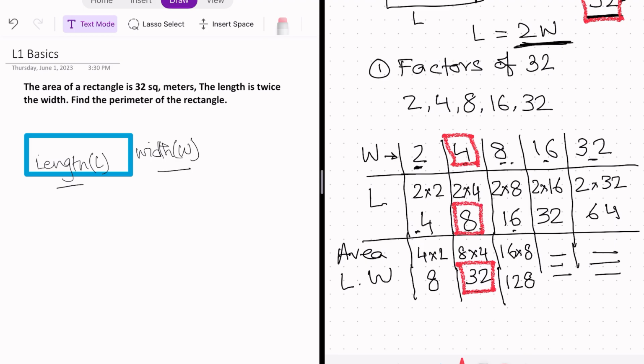Now let's see, with this condition, what my perimeter would be.